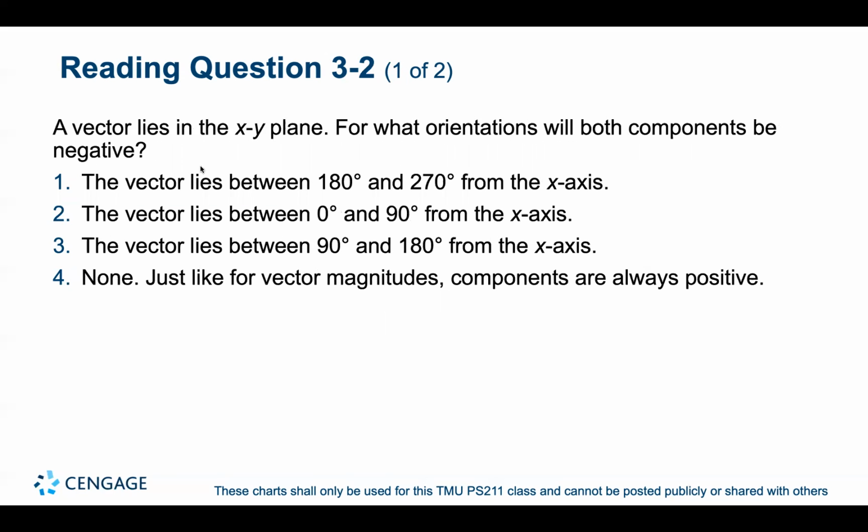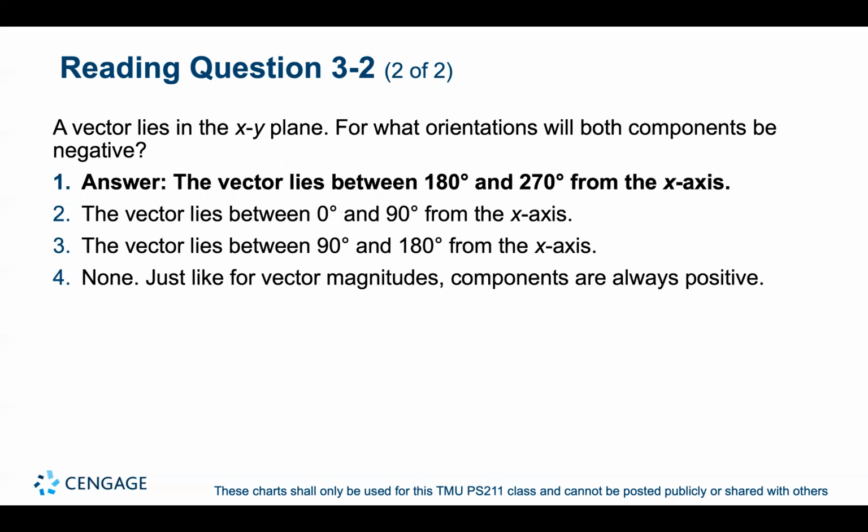So we talked about a vector before. So a vector lies in the XY plane. So we're talking in two dimensions. For what orientation would both components be negative? And so this is where we're starting to think about, we have a coordinate system, an X and Y coordinate system, and we can be thinking about when that would be the case when both the X and the Y would be negative.